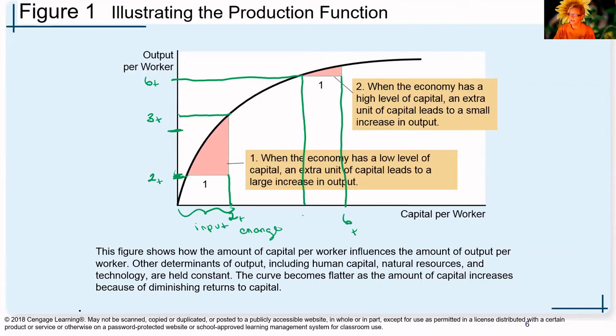Let me erase that first one, not to confuse you. Okay. So now I add a 7th tractor. And notice that the gain that I got from that 7th tractor is substantially smaller than the gain that I got when I went from 2 to 3.